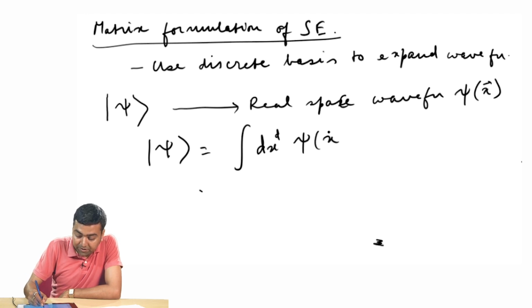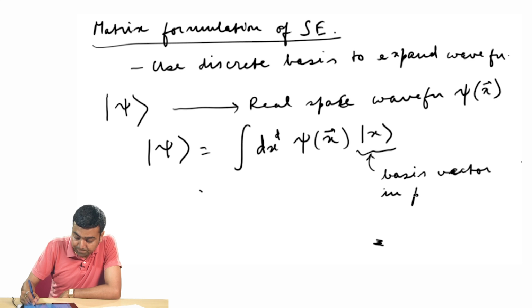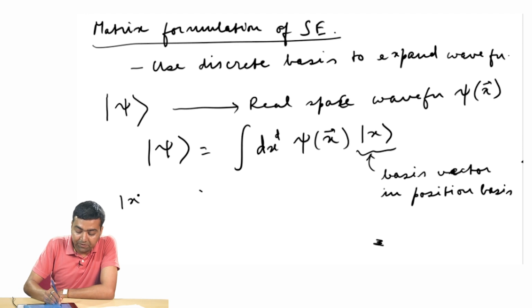We write it as the integral of psi x times ket x. Now this ket x is my basis vector in the position basis. What ket x represents is a particle localized at position x.